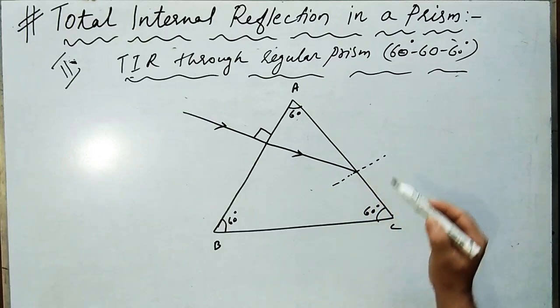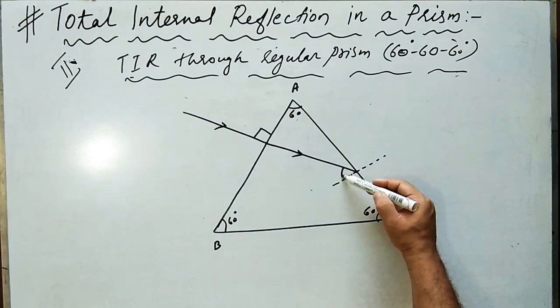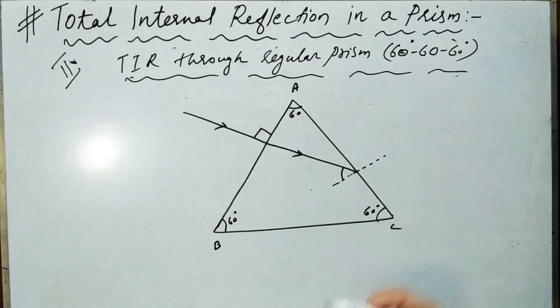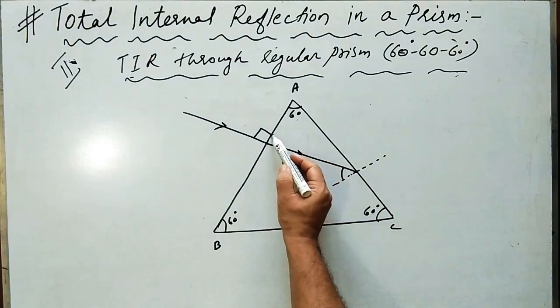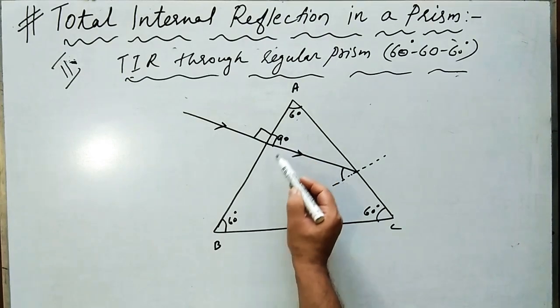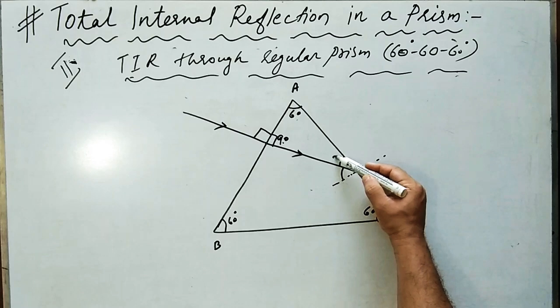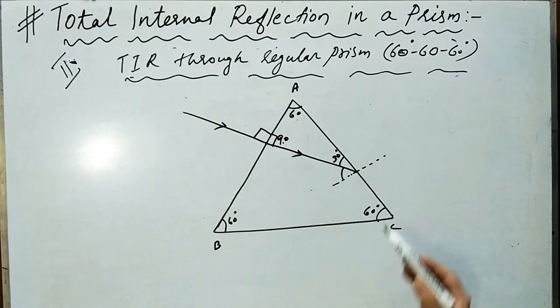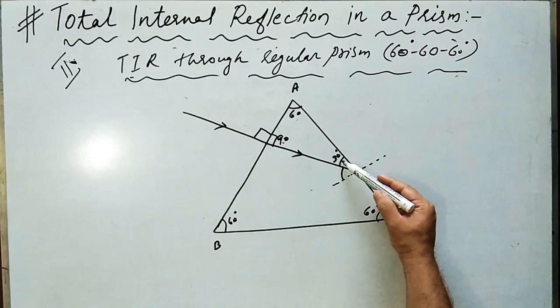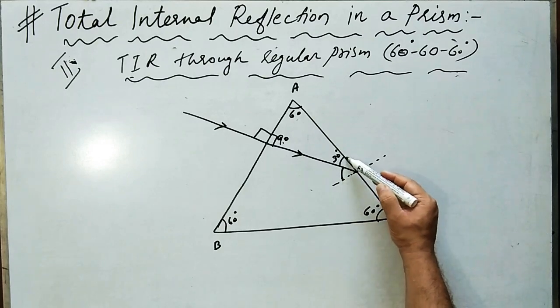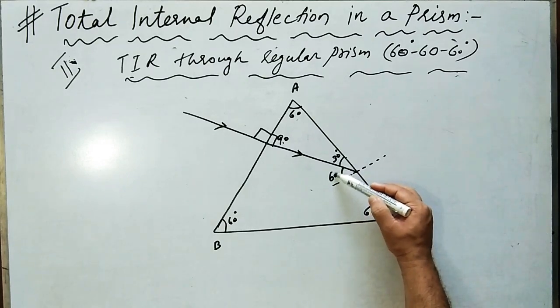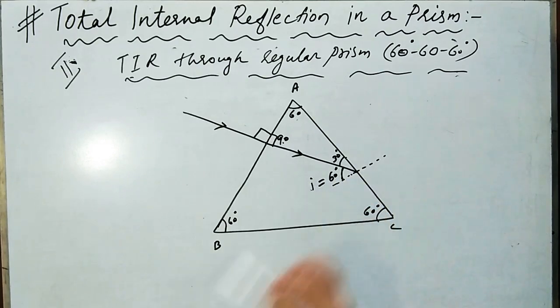To find the angle of incidence, just draw a normal to the point of incidence and apply the basic knowledge of your geometry. So what is this angle? This angle will be 90 degrees. 90 plus 60, total 150, and the remaining angle, as you know, should be 30 degrees. So this is the normal. If it is 30 degrees, this angle must be 90 minus 30, it should be 60 degrees. So the angle of incidence is 60 degrees.